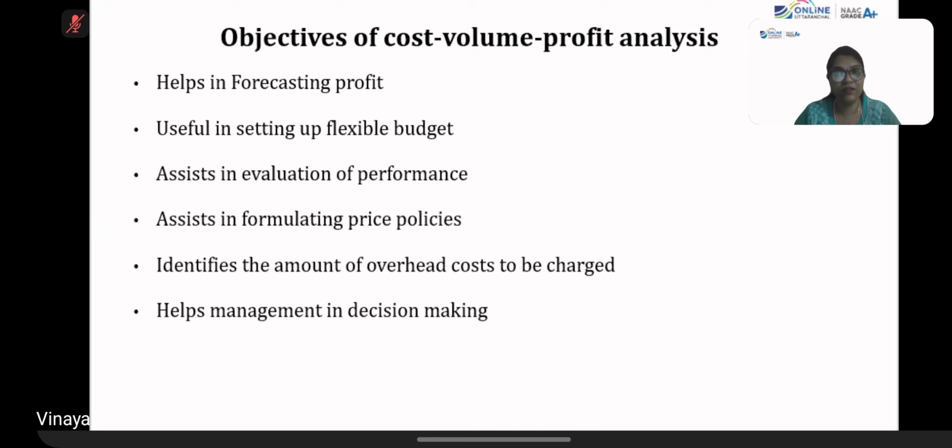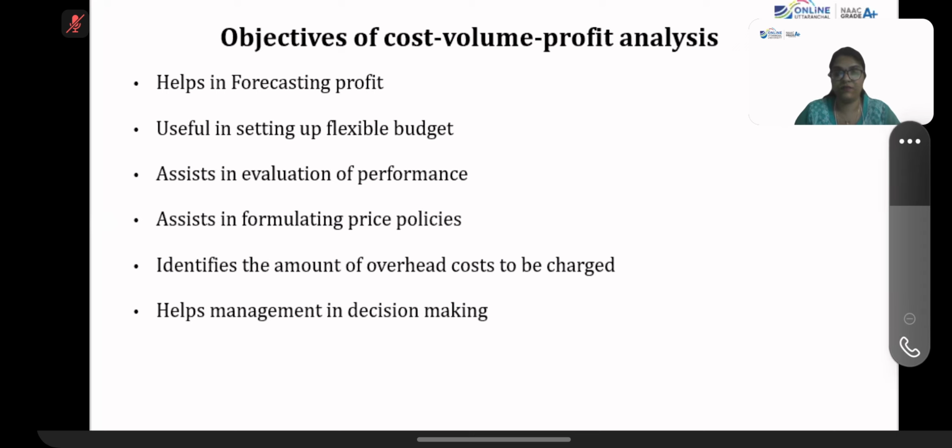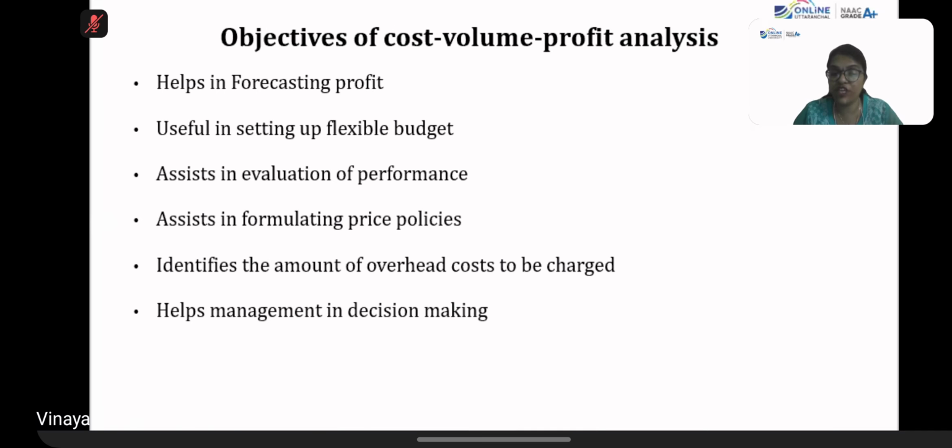For example, let's say there is a manufacturing company who may set up a flexible budget to adjust different levels of sales volume. So if sales rises, the variable cost will also rise accordingly. And the cost volume profit will help to ensure that the budget reflects these changes when you are maintaining the accurate profit forecast.